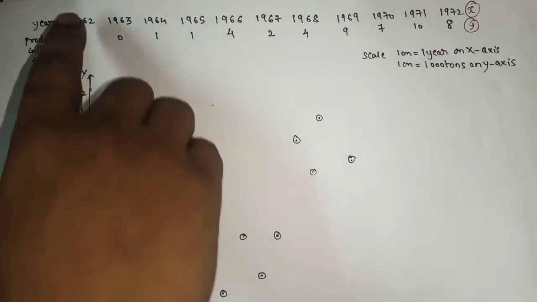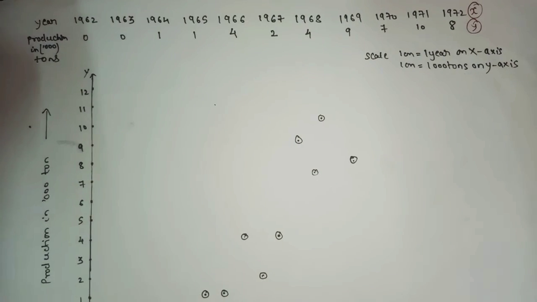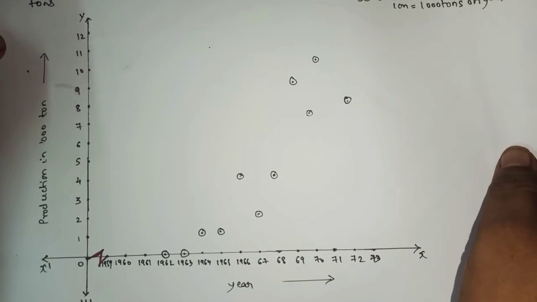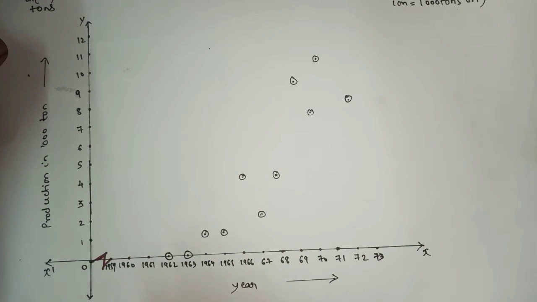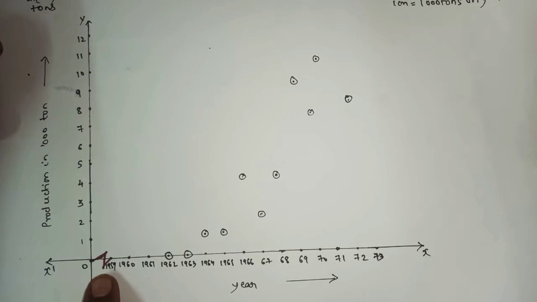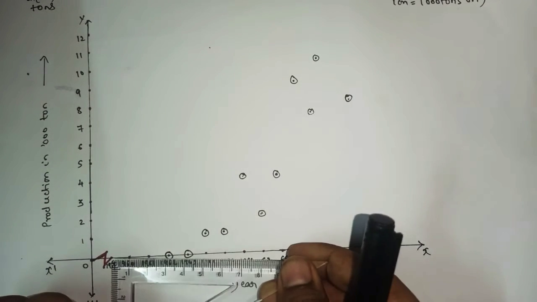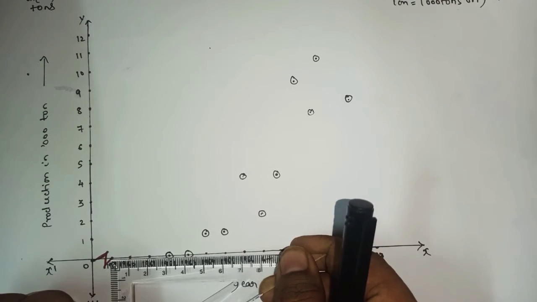For this sum I will start the class from 1961, or else you can take 1960, or 1959 also. It is up to you. For this sum I took 1959. This is 1 centimeter, and when you check, it is a proper 1 centimeter.